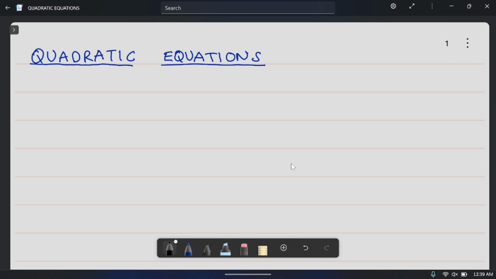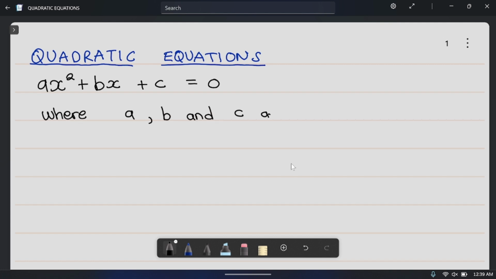So, what is a quadratic equation? A quadratic equation is any equation that can be written in the form ax squared plus bx plus c equals 0, where a, b, and c are numbers, and these numbers are usually called coefficients.